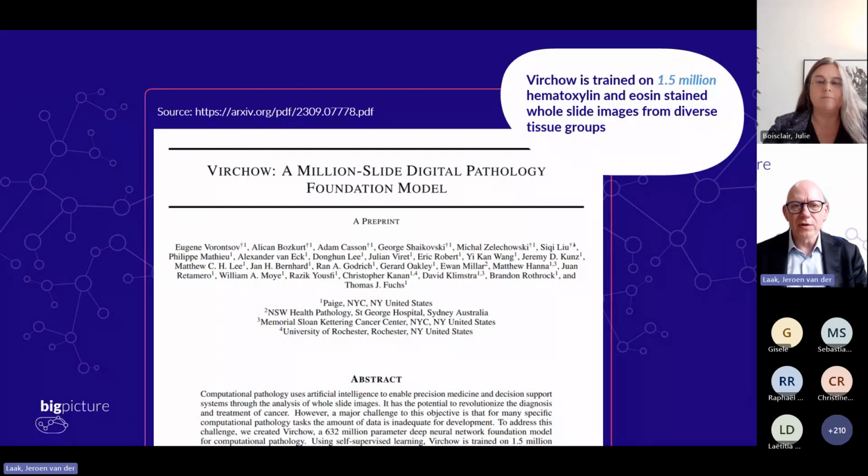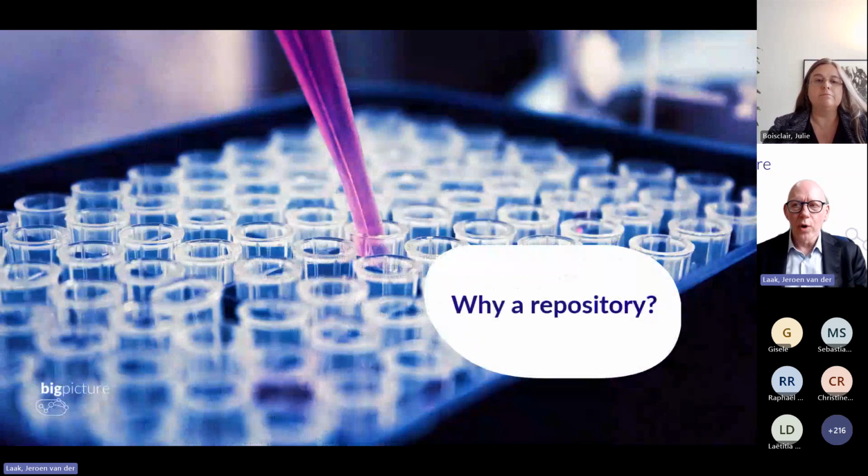So having some of these models is great, but it would be great if we can make available much larger data sets also for very broad use by the audience, because that will really drive forward the field. And this is one of the very important reasons why we decided to go for Bigpicture, which we will show in a minute.